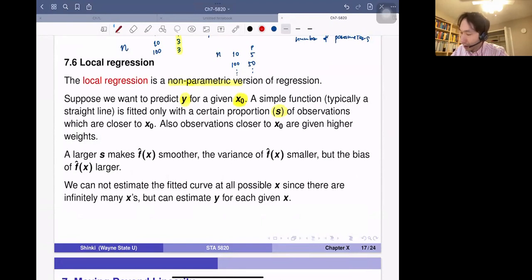Generally the large s makes the f hat smoother, right? So if we use more observations, we have a smoother fitted line. We have studied the nearest neighborhood method, and if we make s larger, basically the rule is simpler and the result is smoother.